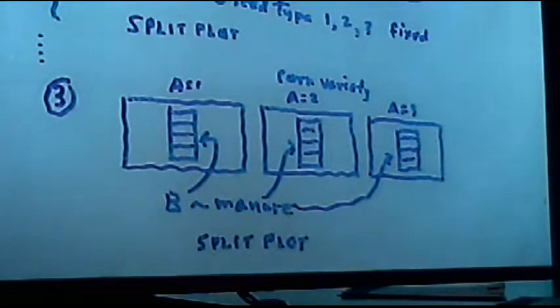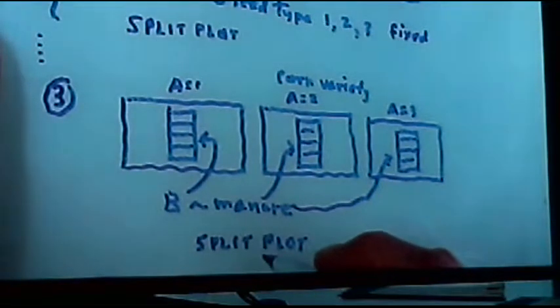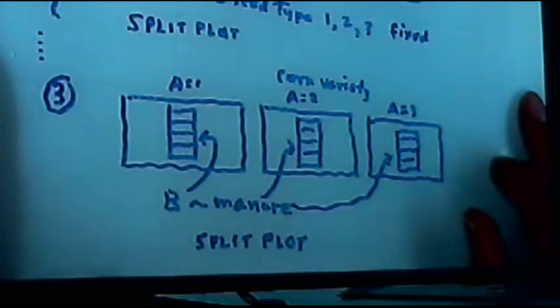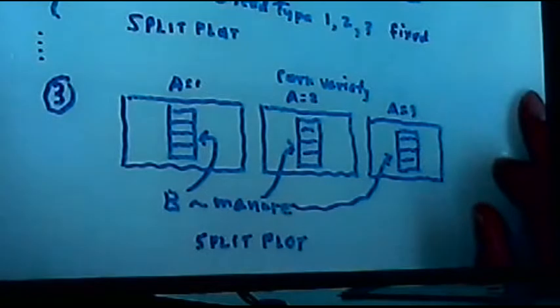They're the same thing going on. I guess I've switched the fertilizer. Up here it's A, down here it's B, but that's not critical, right? So 2 and 3 are essentially the same scenario for generating a split plot.